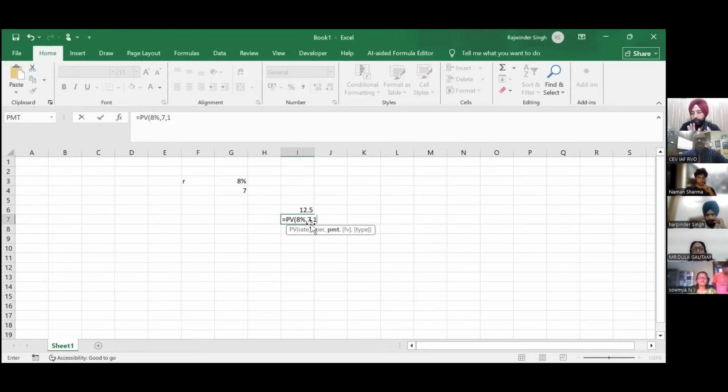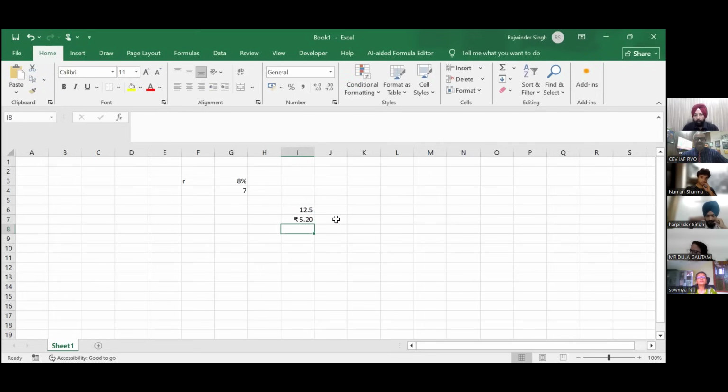Just put 1 here. No FV, 0, bracket close. It is approximately 5.20. Okay, you calculate it. So 12.5 minus 5.20.